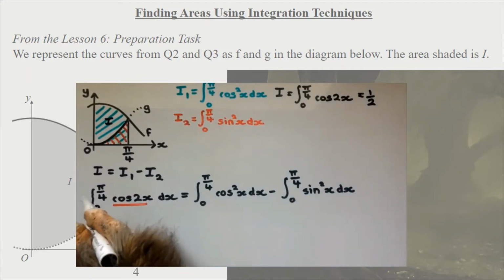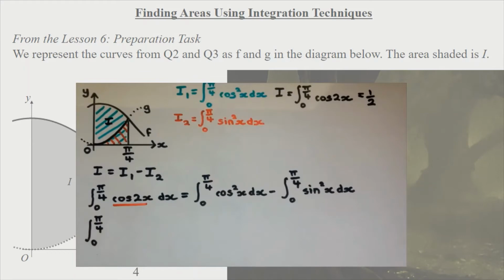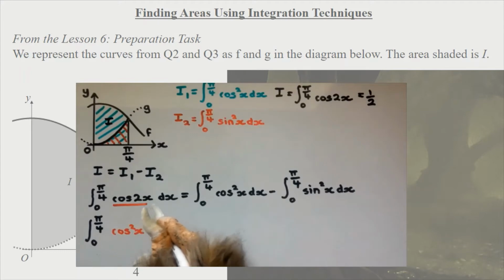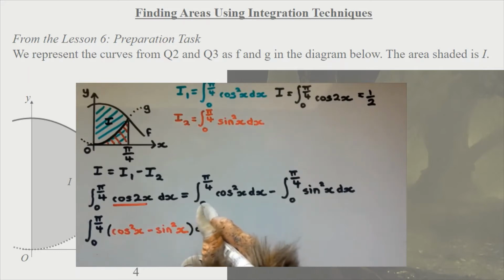So this is the integral from 0 to pi over 4, and I'll do it in red because this is so important. And just go into the identity now of cos squared x subtract sine squared x. That is absolutely identical to cos 2x. I'll put it in brackets here. I've literally just swapped it out of the integrand.